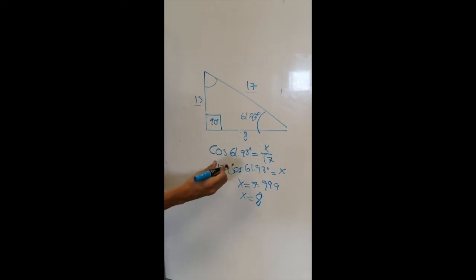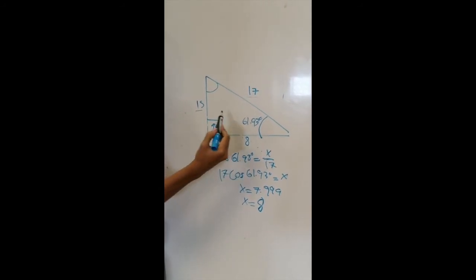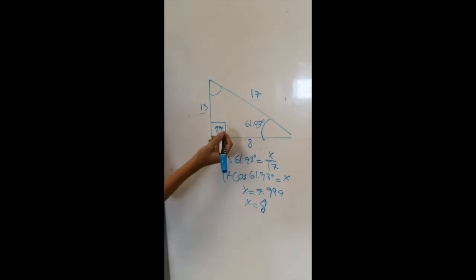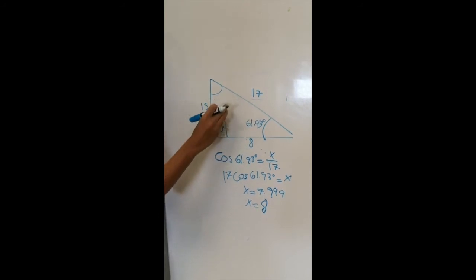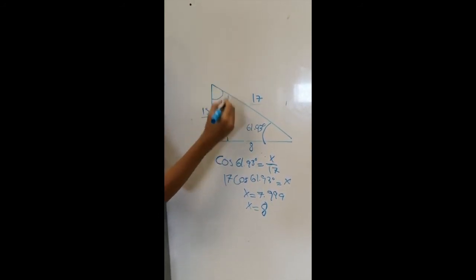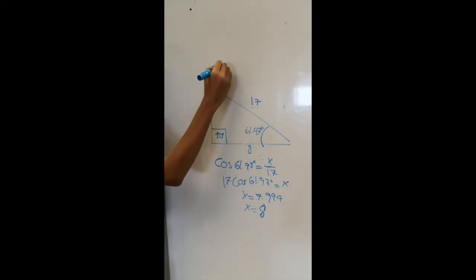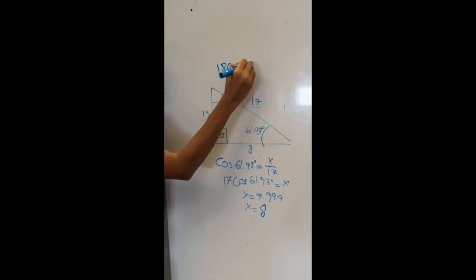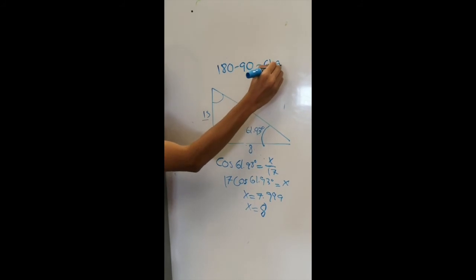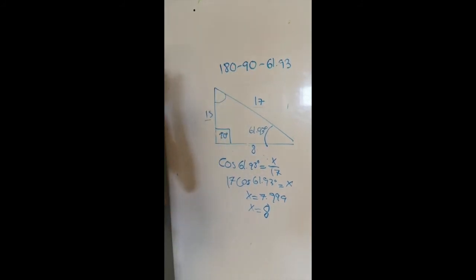And now that we have our three sides, our right angle and this angle, we can use the rule of the angles of the triangle and just subtract the right angle plus this one from 180.